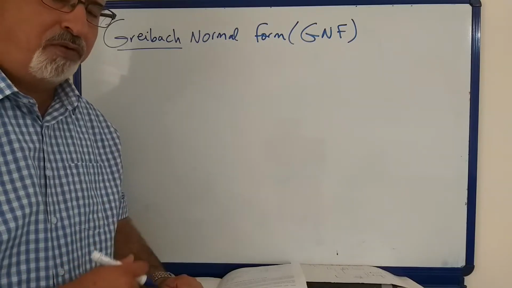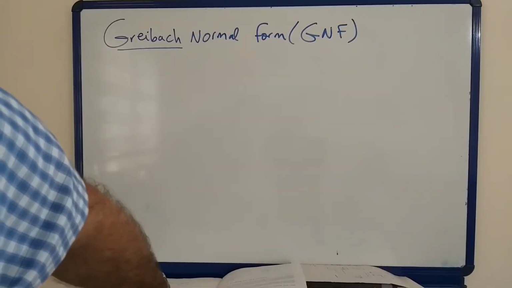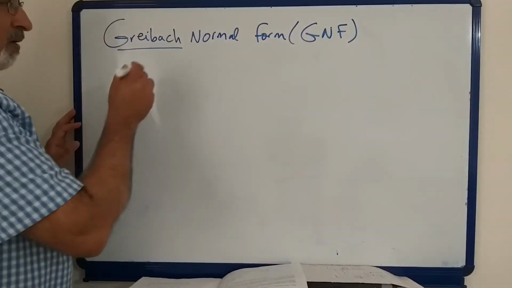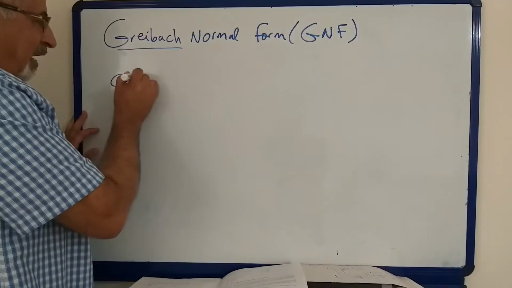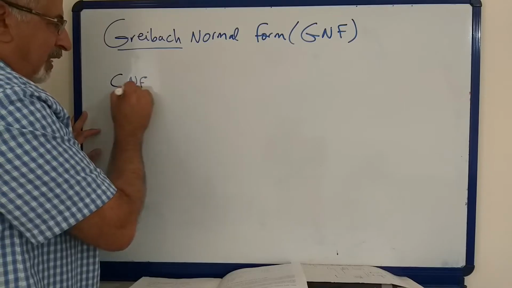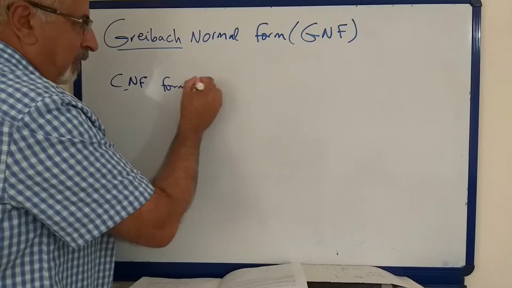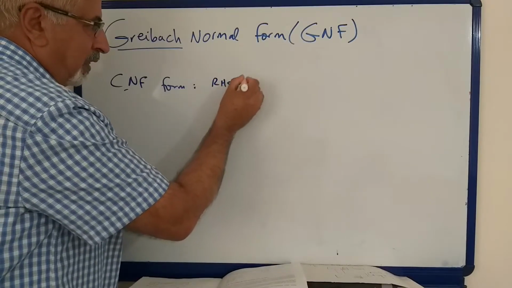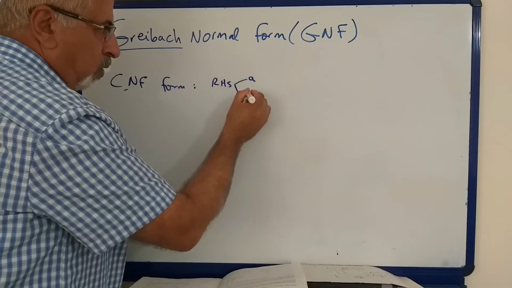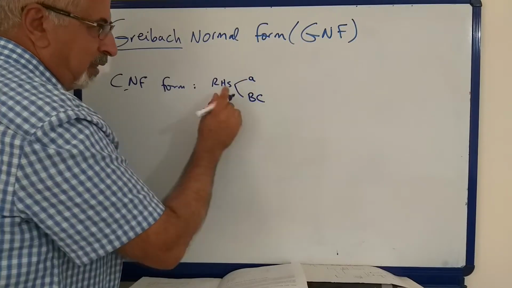What is the form of GNF? The form of GNF is the following. Remember, in CNF form, the right-hand side is either a single terminal or two non-terminals.